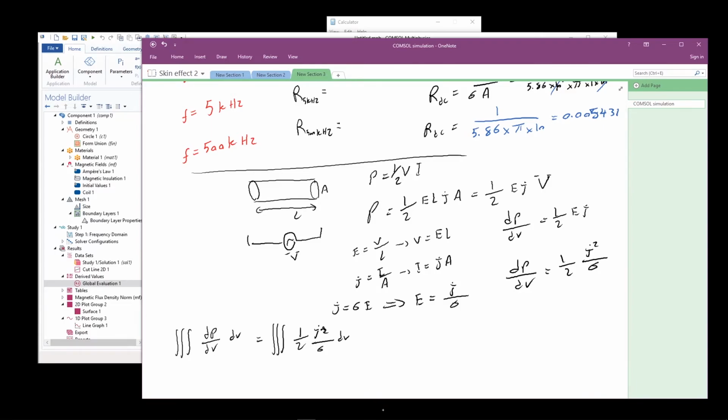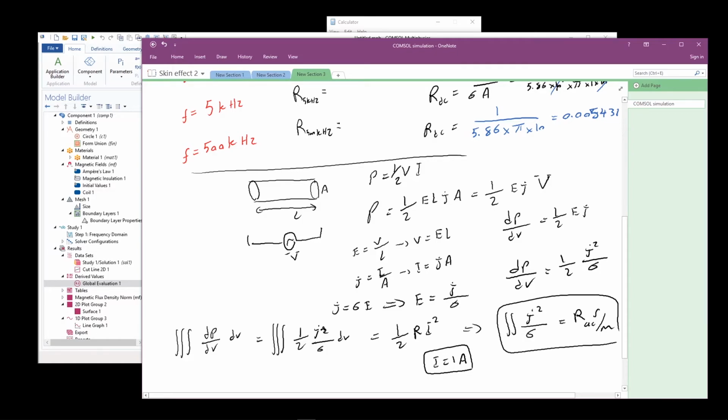And of course, in this case the length will not change, so we only take the integral over the surface, but this will be actually equal to 1 over 2 R I squared. So I can conclude that the surface integral of J squared over sigma, if the current is 1 amp, would be basically the R AC per meter, ohm per meter.